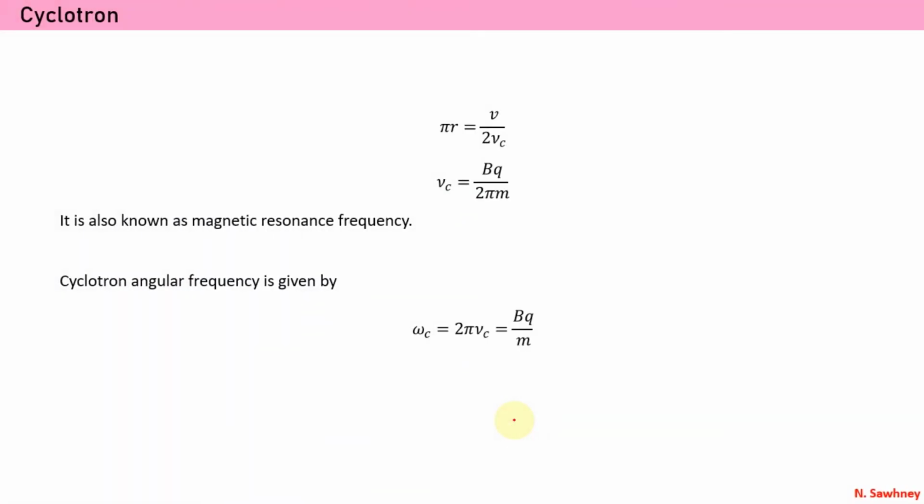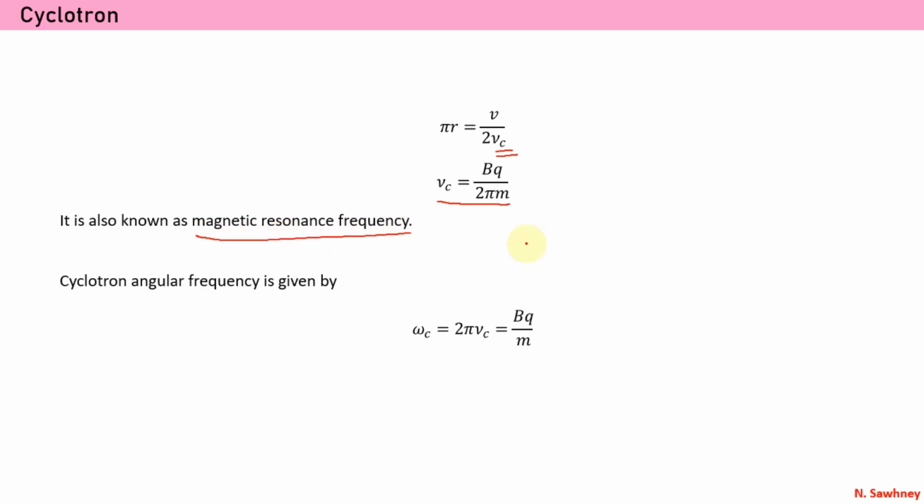Now let us rearrange this term so that cyclotron frequency can be accommodated. So we can calculate the expression for cyclotron frequency, which is equal to bq upon 2 pi m. It is also known as magnetic resonance frequency.